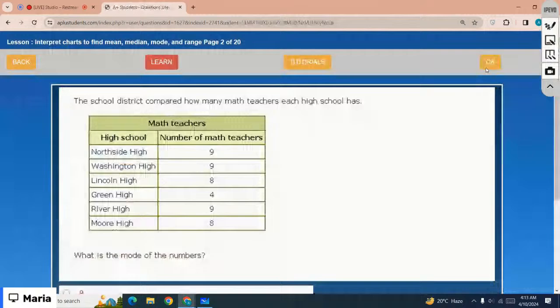The school district compared how many math teachers each high school has. What is the mode of the numbers? Which is the correct option?